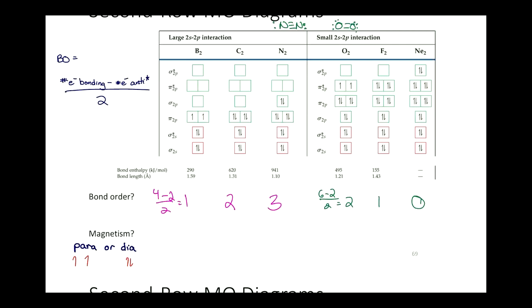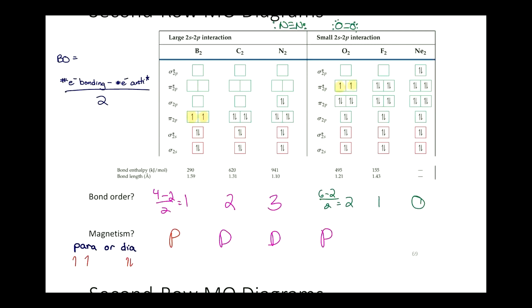So, diatomic boron, is that predicted to be para or diamagnetic? Para, because there are unpaired electrons. What about diatomic carbon? Dia, because everything's paired. What about diatomic nitrogen? Dia, because everything's paired. What about diatomic oxygen? Para, because you have two unpaired right there.